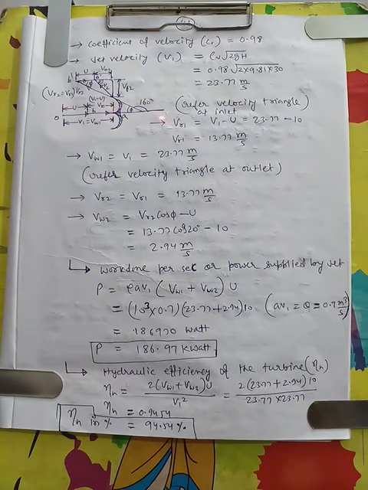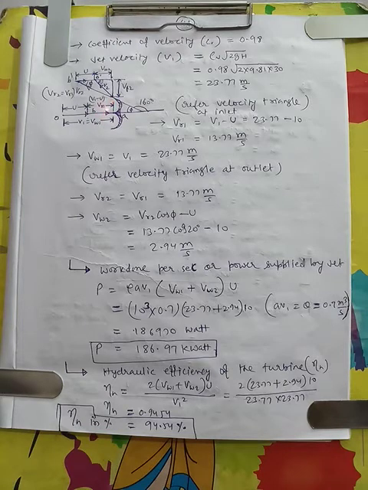So let us see how phi is 20 degree. So this is relative velocity triangle, and this is the V1 jet velocity. OA is the jet velocity, and OB is the vane velocity at inlet, and this BA will be relative velocity of jet at inlet.